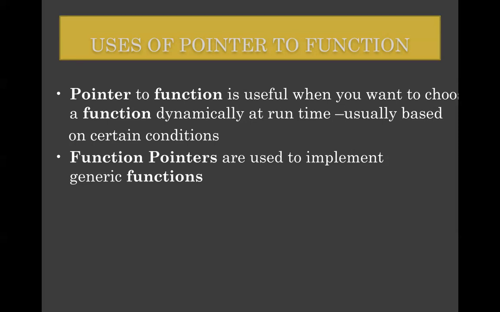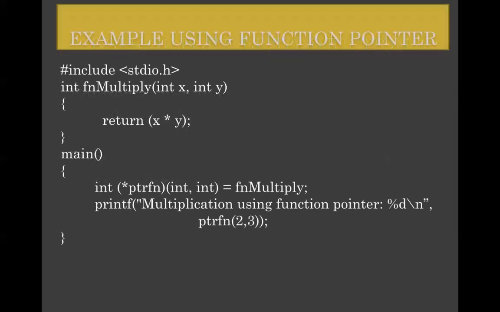Function pointers and pointer to function both mean the same. They are also used to implement generic functions. We are going to see two simple examples of function pointers, just to explain how we use a function pointer or a pointer to function.